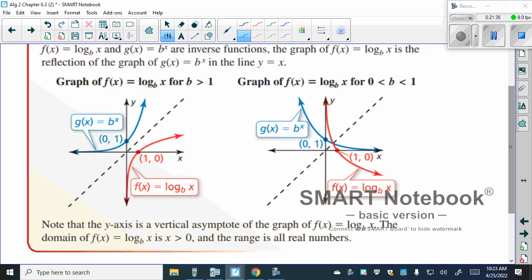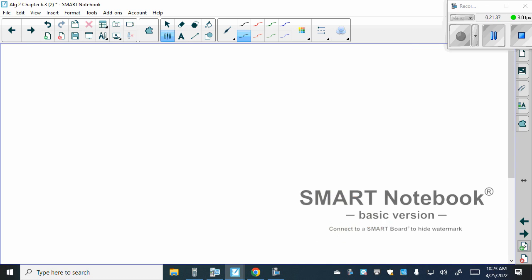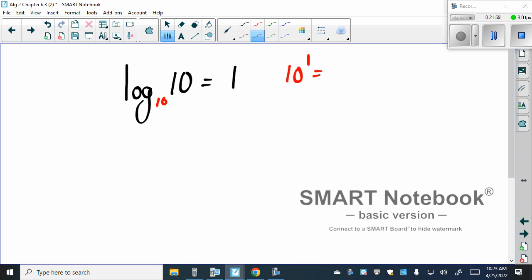And that also means, with what we've learned today, that log of 10 is what? Because we're saying log base 10. If the base is not written on a logarithm, it's understood to be 10. They simplify each other out. Because what we're really saying is 10 to the first power is what? 10.